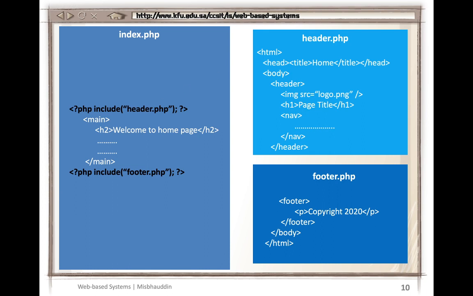In PHP, this code is incomplete now because it is dependent on two files, the header.php file and the footer.php file. So it will go to the header.php and make sure all these contents are pasted over here, and then it will go to the footer.php and make sure all these contents are pasted over here. So at the end, when you are compiling, this file is complete. Even though they are in separate files, you include them in the one file before it is run and compiled. Okay?